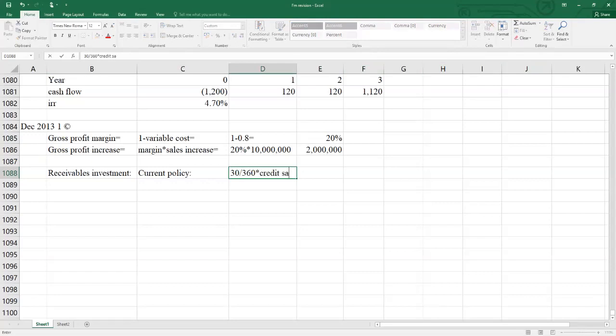The current credit sales of the company we are not told, so we are going to make an assumption that all sales are on credit, because the examiner is silent on whether there are any cash sales. So we assume that all sales of the company are on credit.